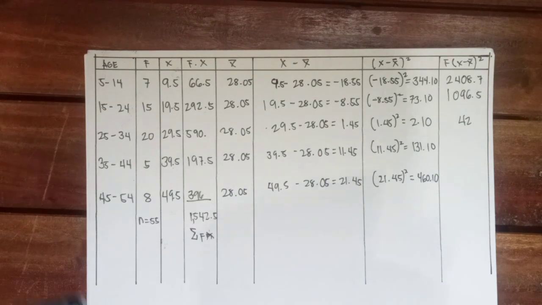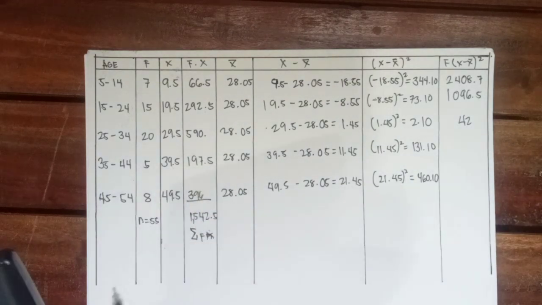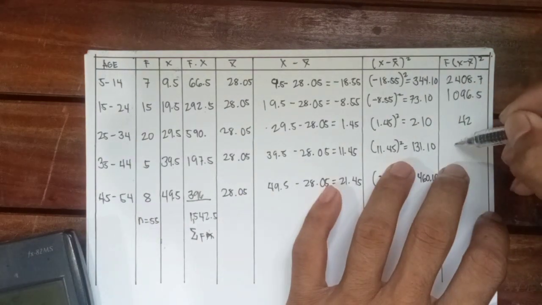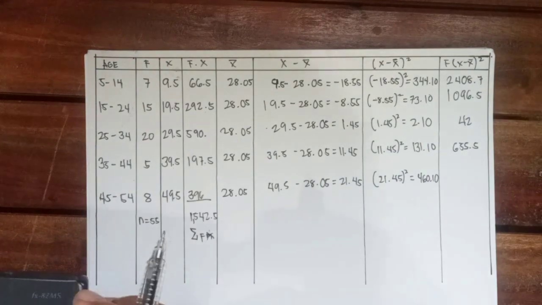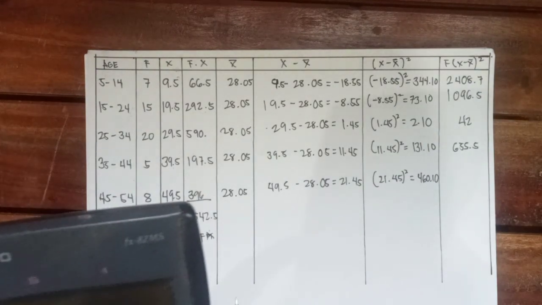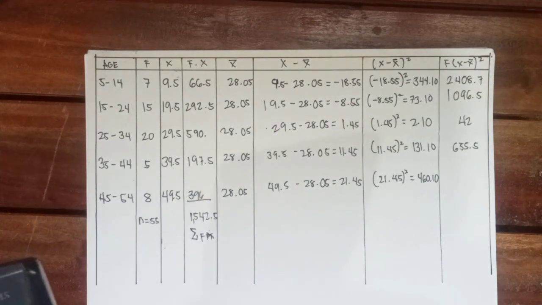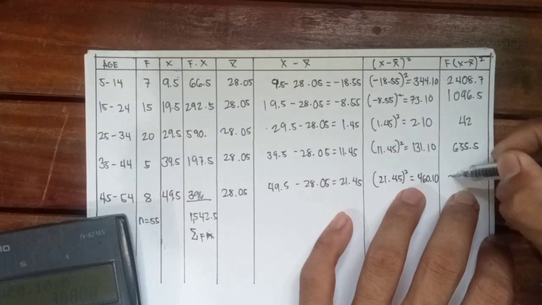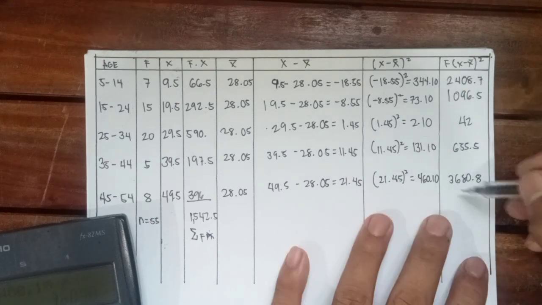Again, 131.10 times sa ating 5. So, 655.5. And then last, 460.10 times 8. So, 3,680.8. Yan po ang ating sagot.